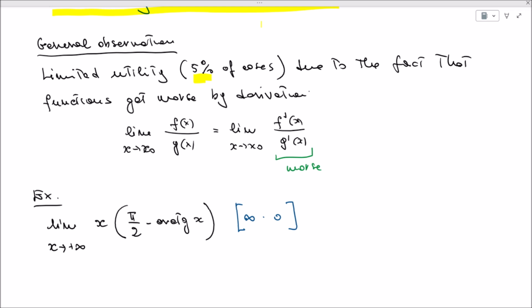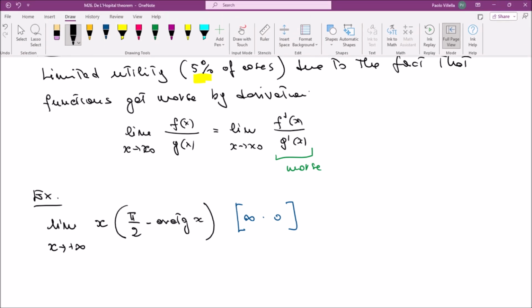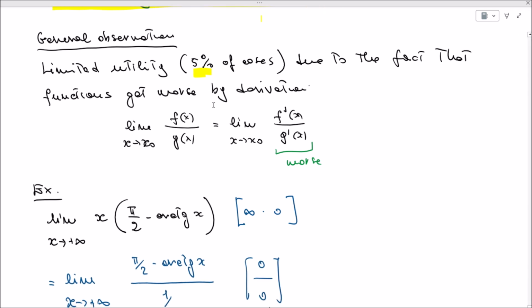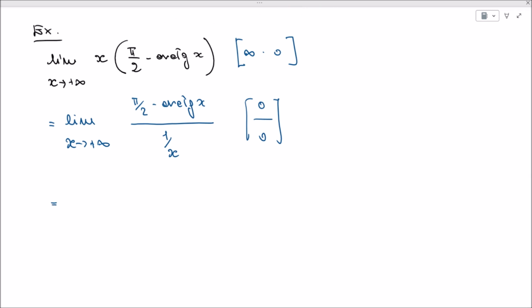Clearly this is an undetermined form, but is not still in the form that we need to apply the De L'Hopital theorem, so we might need to make this transformation: limit as x goes to plus infinity of pi over 2 minus arc tangent of x, so that we still have a 0 on top. But now that x that multiplies at the numerator becomes 1 over x at the denominator, and this is now 0 over 0.